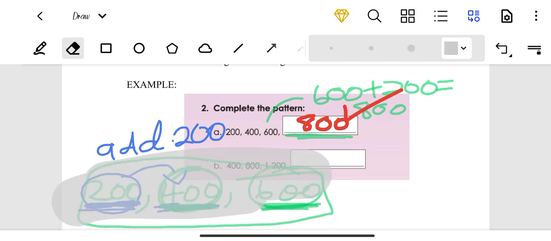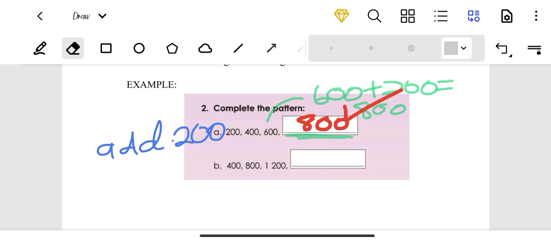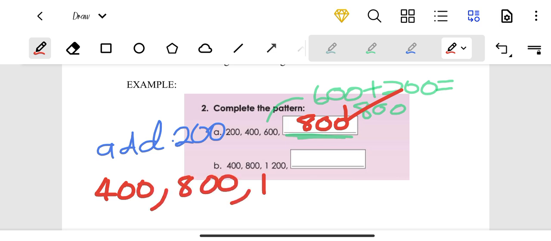So lastly, let's look at this one, B. So that we are given 400. We have 800. Lastly, we have 1200. So now we ask ourselves, okay, what am I doing? What am I given? What is happening?